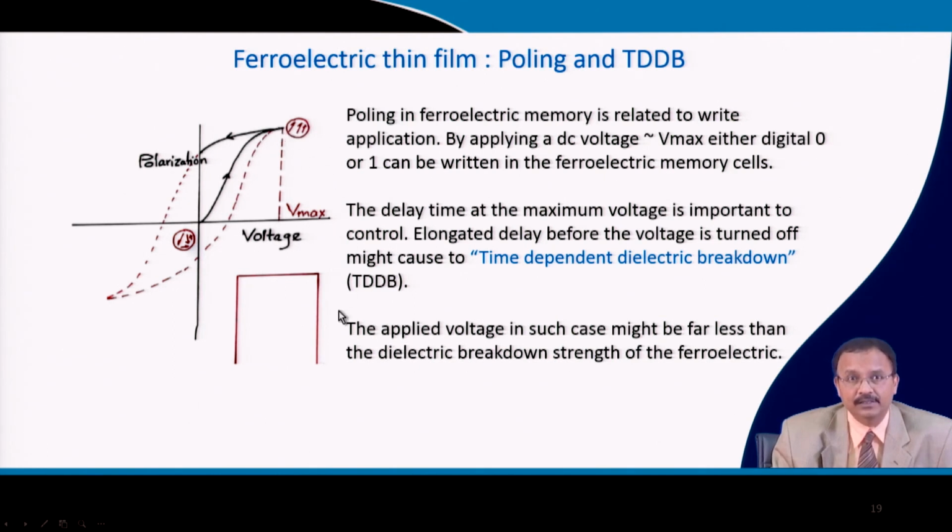Once the field is turned to 0, either digital 0 or, you can do it negative also, digital 1 is stored.